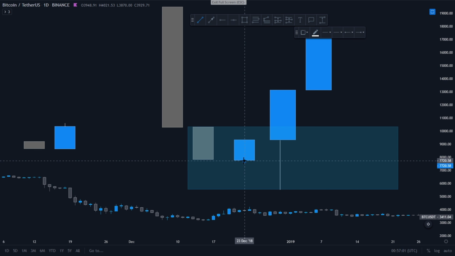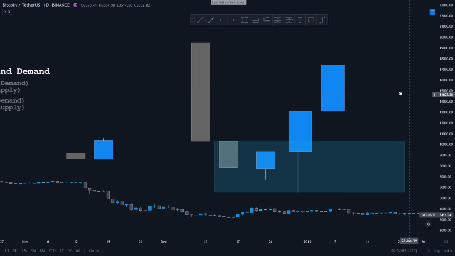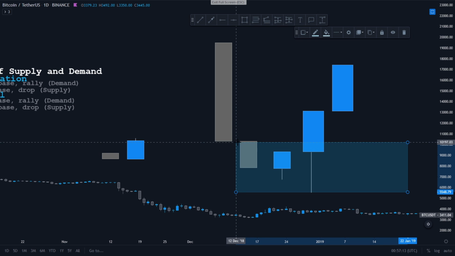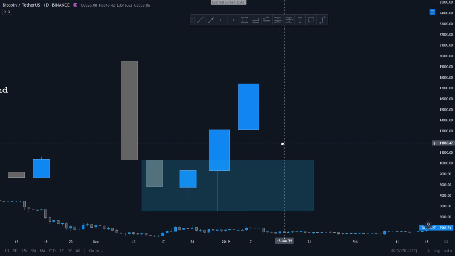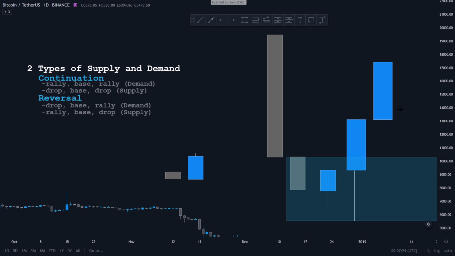It could be like this here. So you take the lowest swing, so drop, base, rally. You would take the last down candle and draw your demand zone here. And basically guys, it is the same for all the other formations here.